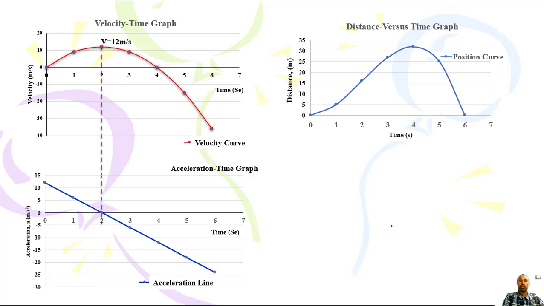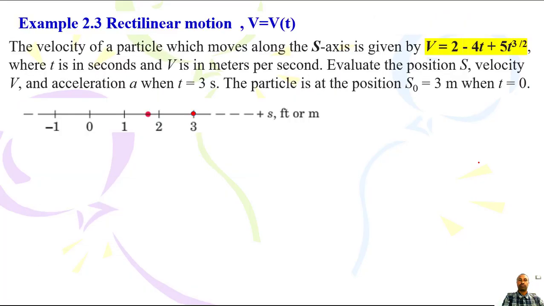We have computed velocity 12 and acceleration 0. Again, at 4 seconds, we have velocity 0 and acceleration negative 12. Similarly, for distance versus time, at 4 seconds the distance is 32 meters.